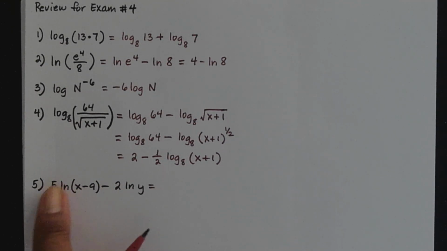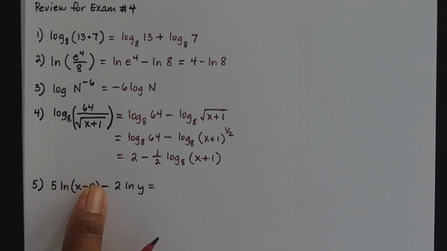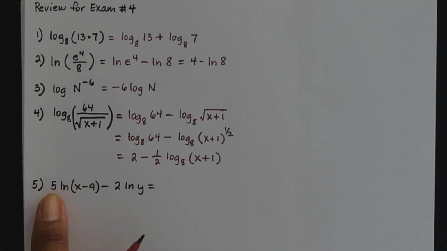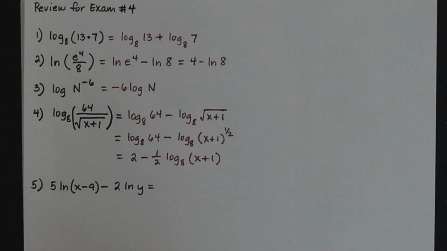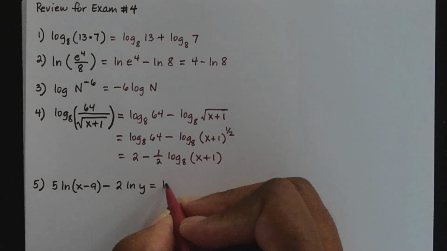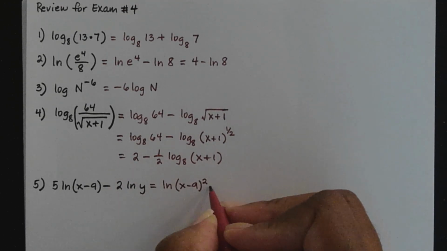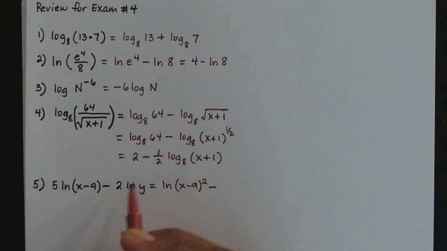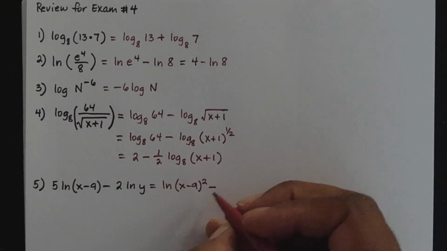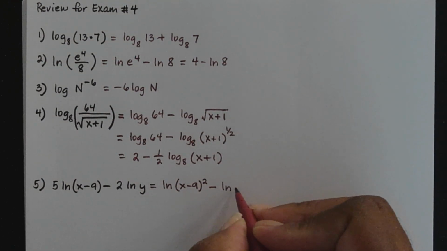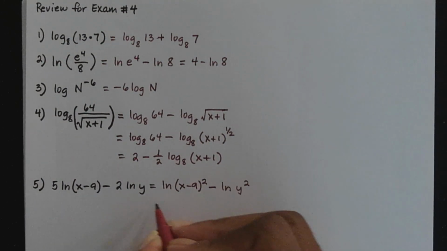Because when you bring that exponent in front of the natural logarithm, to go backwards, you have to make that coefficient the exponent for x minus 9. So we have to use the reverse of the power rule. So that means I'll have ln of x minus 9 quantity squared, minus, and that 2, I have to make that a coefficient of 1, so that 2 will be the exponent for y. So it'll be ln of y squared.